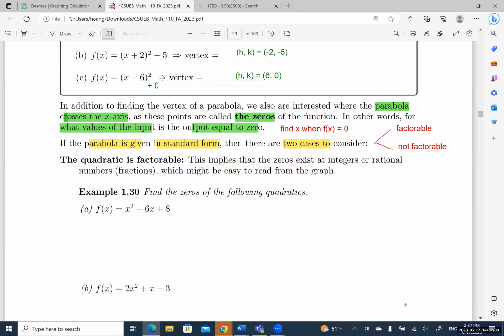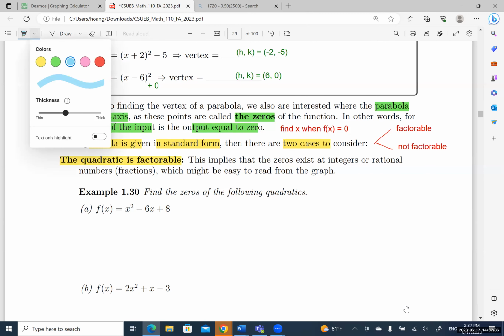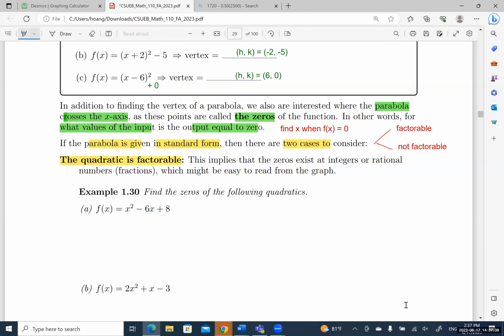And if you can factor the quadratic form, it implies the zeros exist as integers or rational numbers. Okay, so it's going to be easy to read it from the graph. So let's find zeros of the following quadratics here. Let me show you.